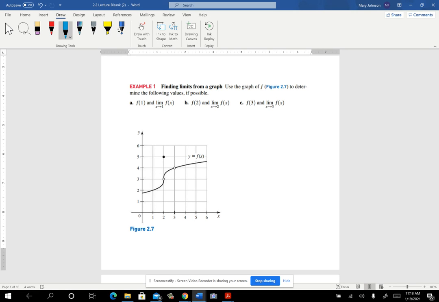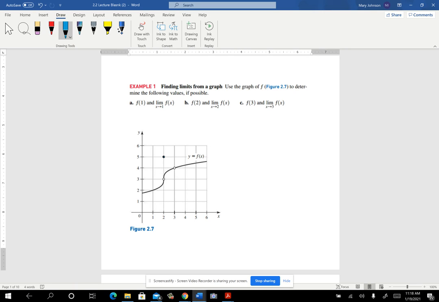For instance, this graph kind of looks like a cubic function, but then you've got these two holes, these two spots where it's not defined, and then it's defined otherwise at 2. This is a piecewise function right here. And it also has a rational function component. So we'll do a little more with rational and piecewise functions, but I thought we'd jump right into the calculus of it all.